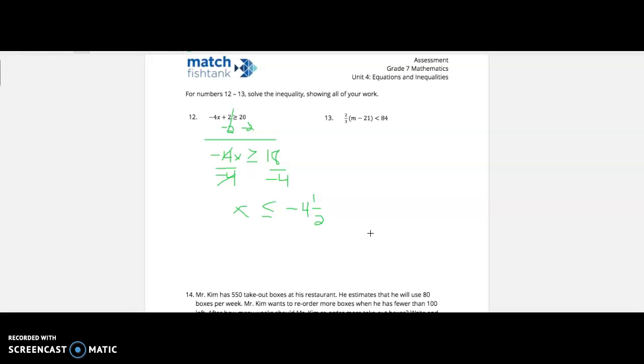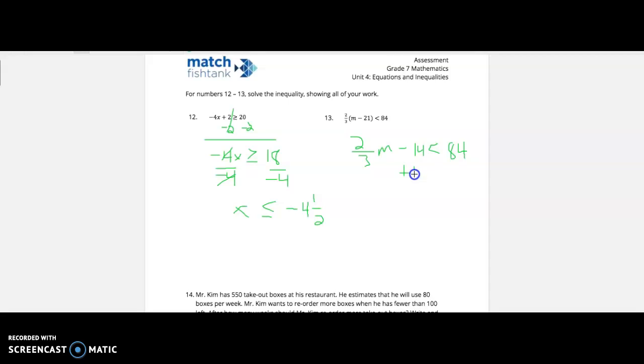The next one, 2/3 times m minus 21 is less than 84. This is a distributive property problem, so 2/3 m, and 2/3 times a negative 21 would be minus 14, because 2/3 of 21 is 14, minus 14 is less than 84. The sign is never going to be flipped in this one because our coefficient is a positive 2/3.